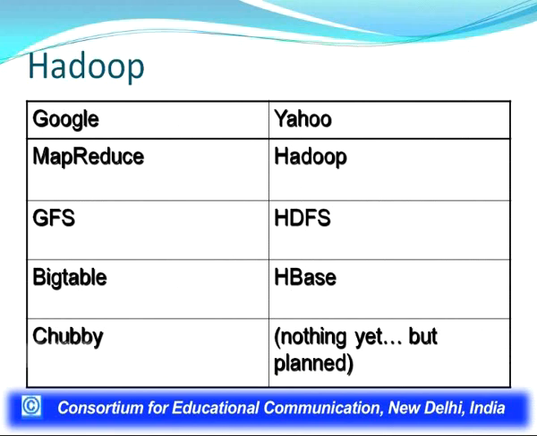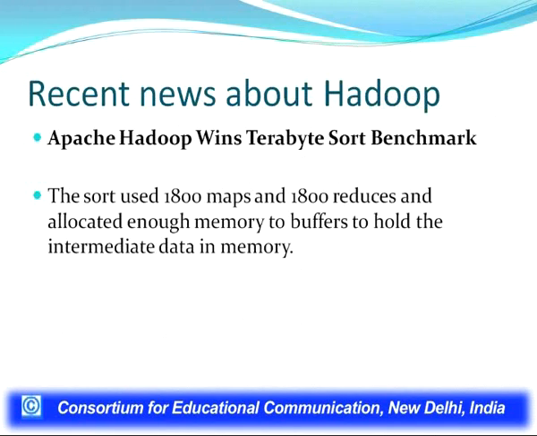In Yahoo Hadoop, HDFS is there for files, HBase is there, and the rest is nothing yet but planned. Now, another recent news about Hadoop: Apache Hadoop wins the terabyte sort benchmark.